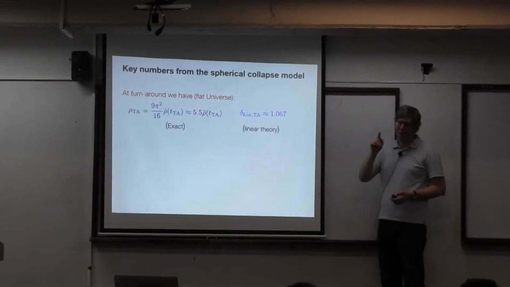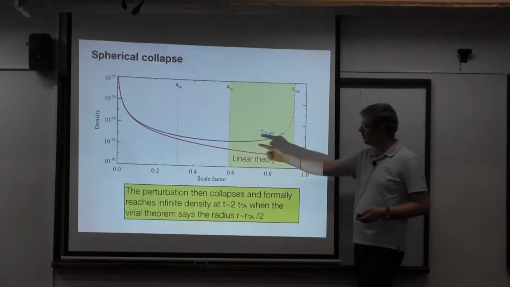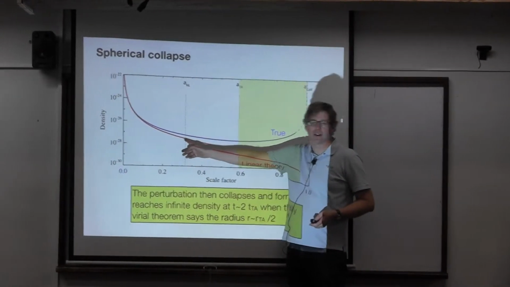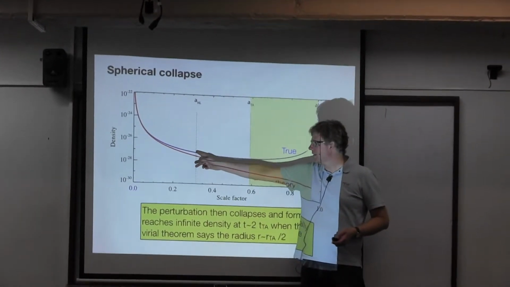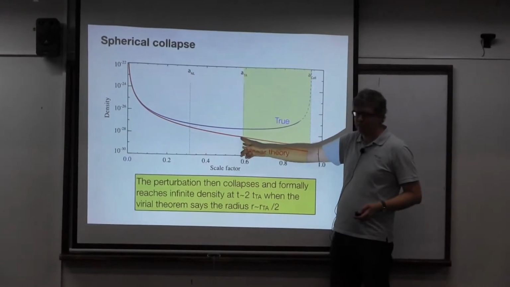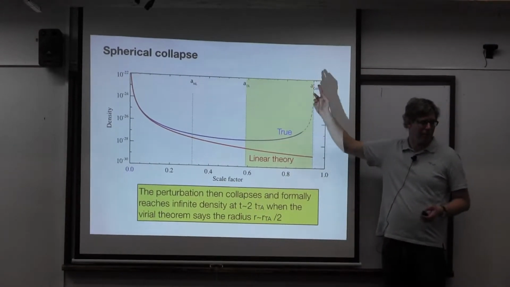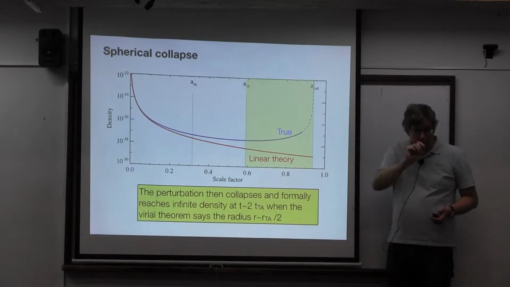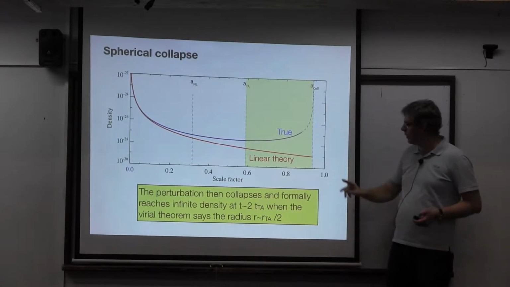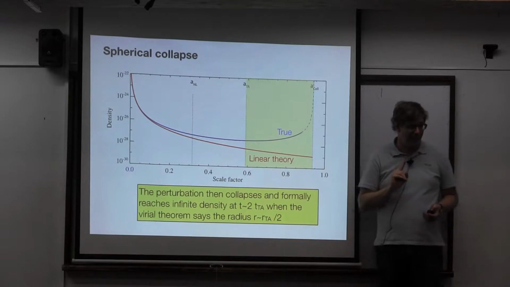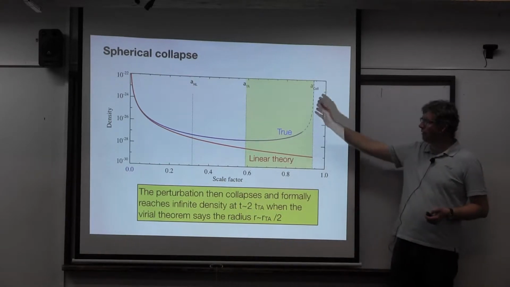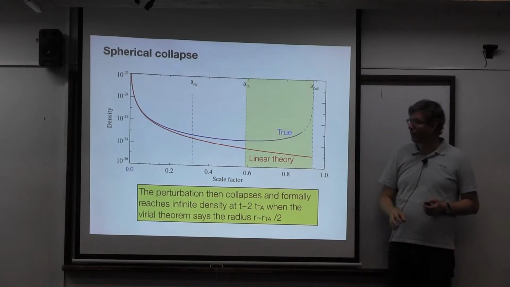And that is you can take this, and you can compare what linear theory predicts when this happens. So if you can make a mapping between these two, you can then use linear theory, which is easy, to predict something about nonlinear things.